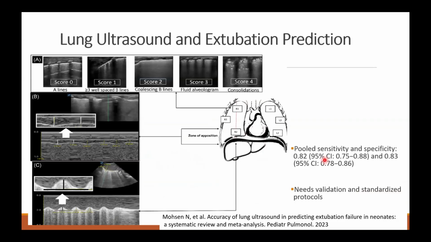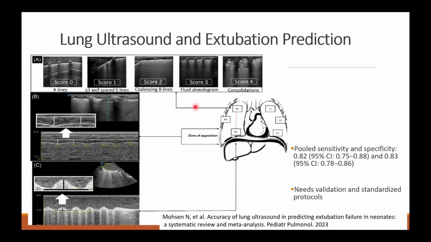Moving on to our next tool that can help us in deciding the readiness for extubation: lung ultrasound and its role in extubation prediction. In recent times, lung ultrasound has shown encouraging performance in detecting extubation readiness.